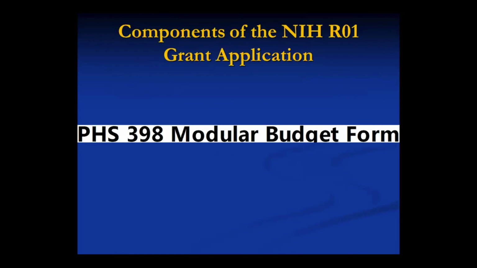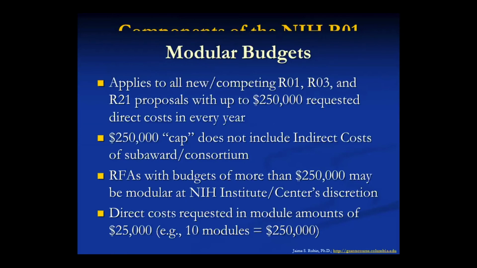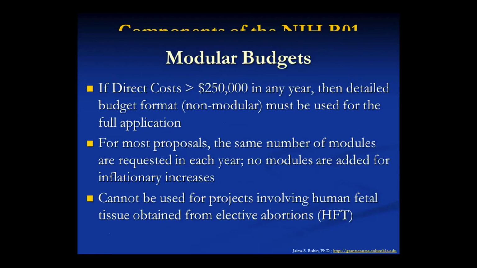So a number of years ago, NIH implemented what's called modular budgets, where you don't have to have a detailed budget if you're not asking for more than $250,000 a year. Your direct cost budget would be in terms of up to 10 modules. Each module is $25,000. You determine what you need and whether you would go over $250,000 or not.